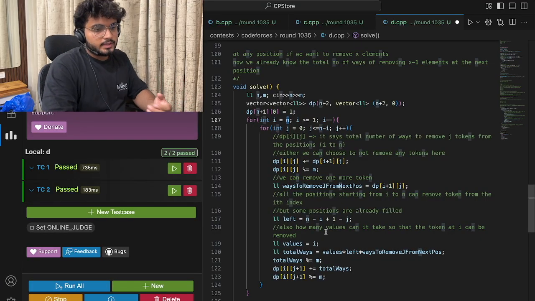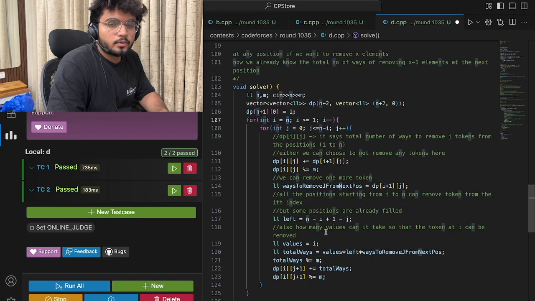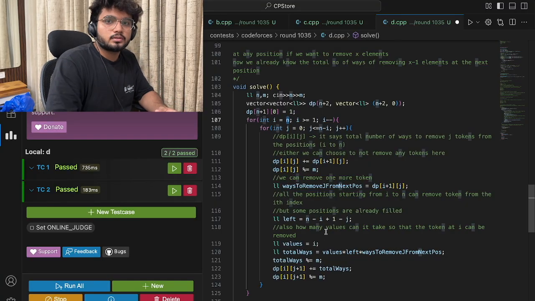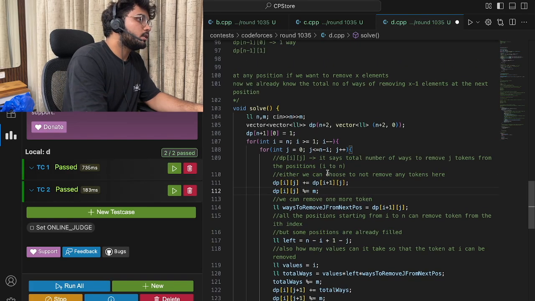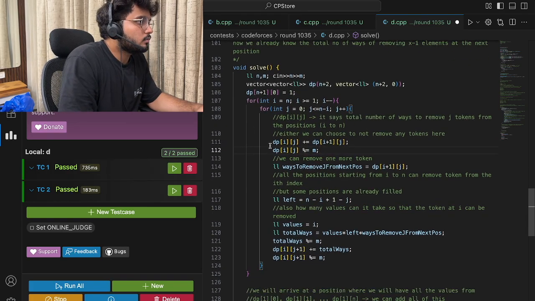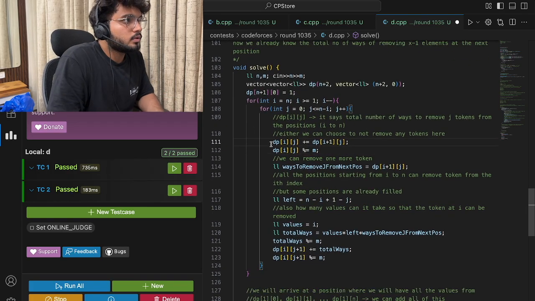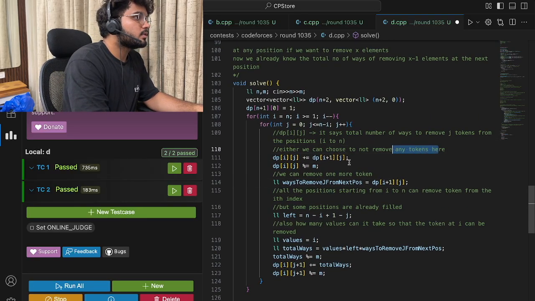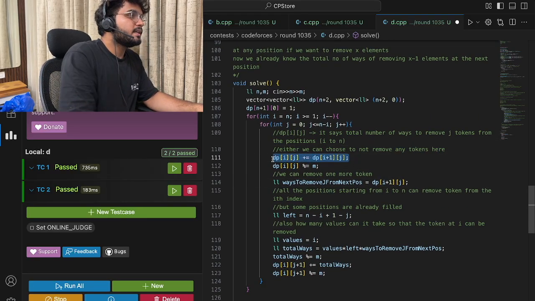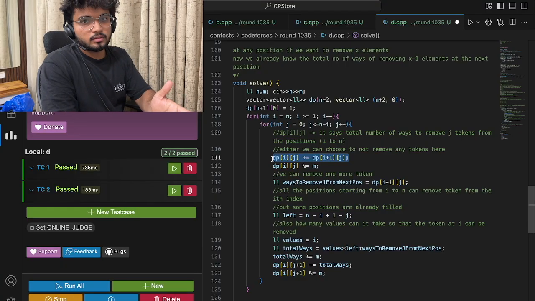These are the removals that are possible in the next positions, right? Now what we can do is either we can choose to remove tokens or we can choose to not remove any tokens from the current position. If we are not removing any tokens, then we'll copy the exact value from the next position.